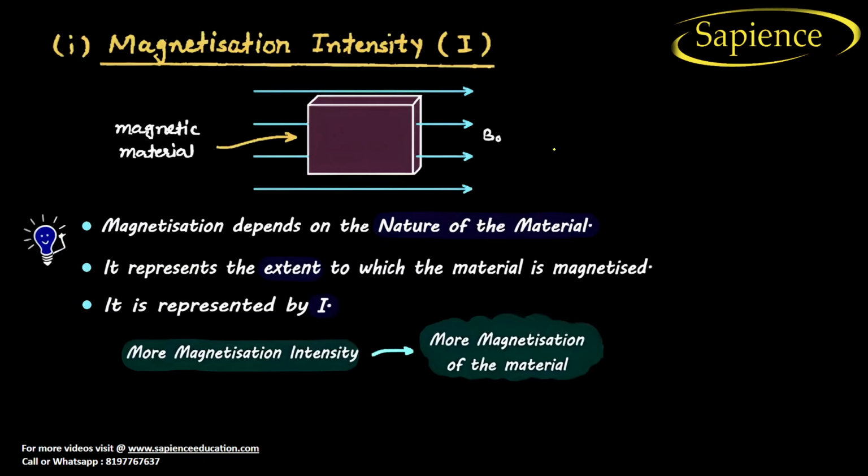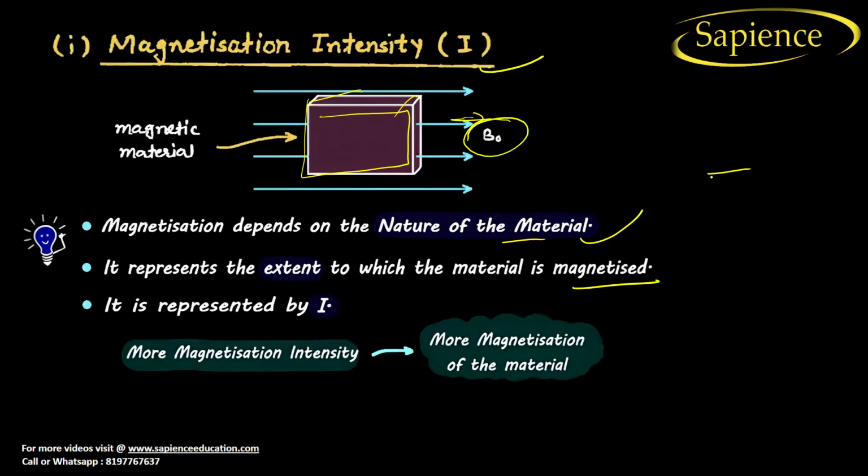Now magnetization intensity. Let us suppose this is your magnetic material, and the external magnetic field is B naught. Magnetization depends upon the nature of the material. It represents the extent to which the material can be magnetized.